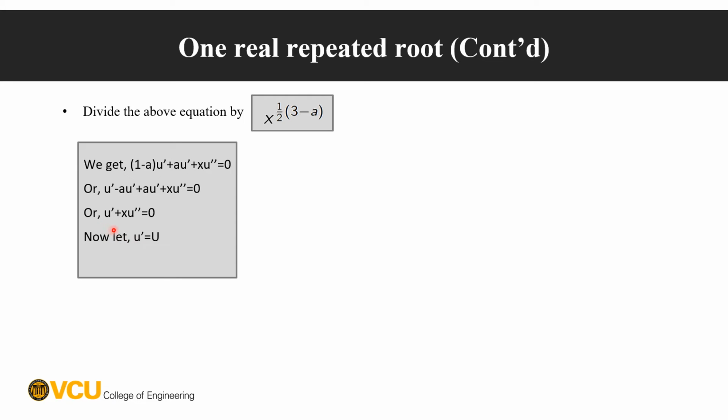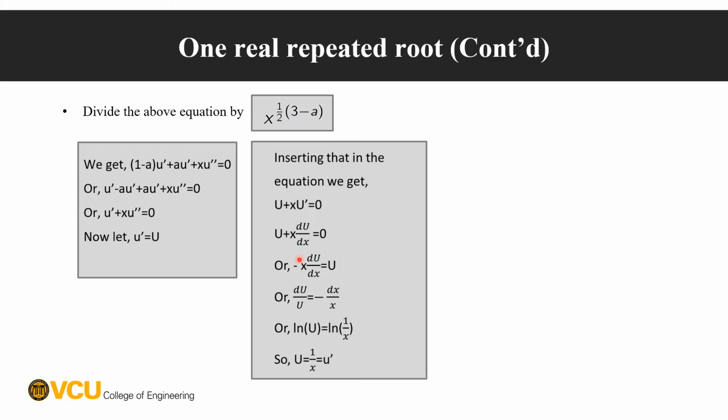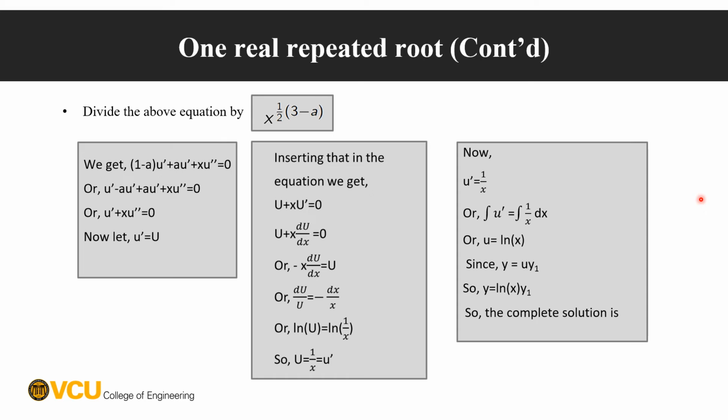So we suppose u prime is equal to capital U, and we plug that in the equation. After doing a separation of variables method, we receive something like this: capital U equals 1 by x, and that equals small u prime. And we all know that small u prime is equal to 1 by x.